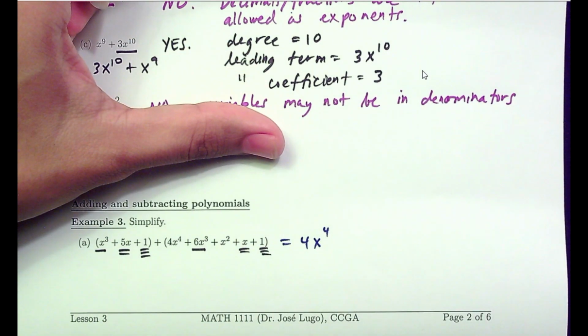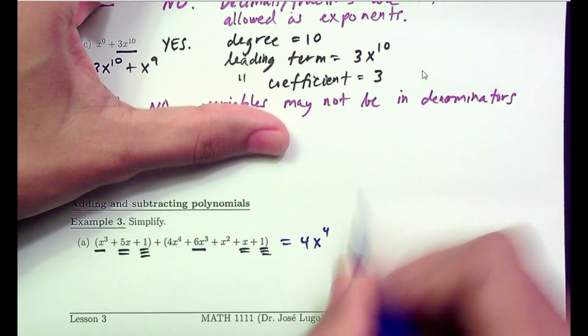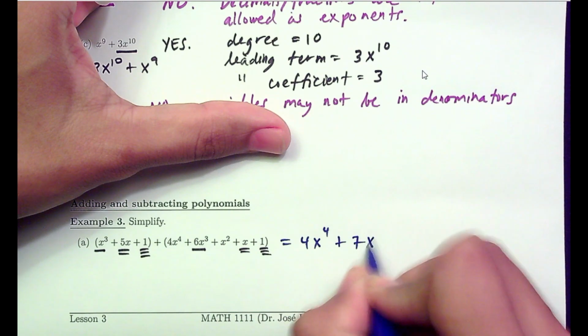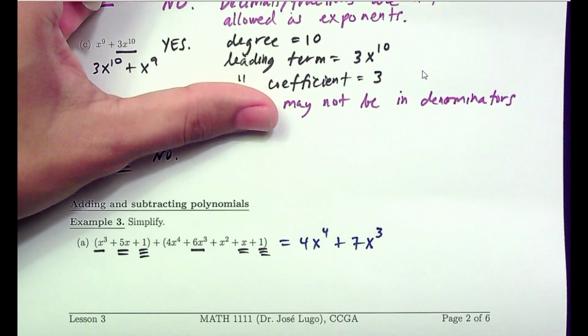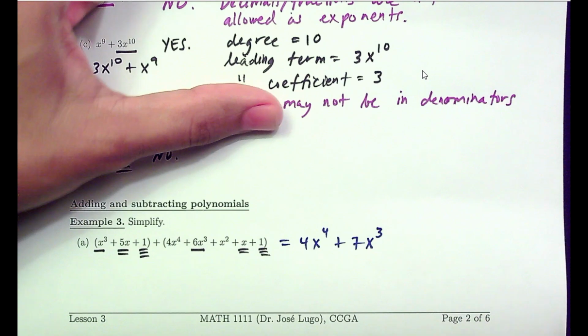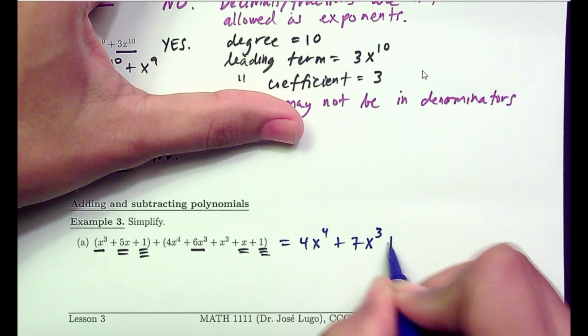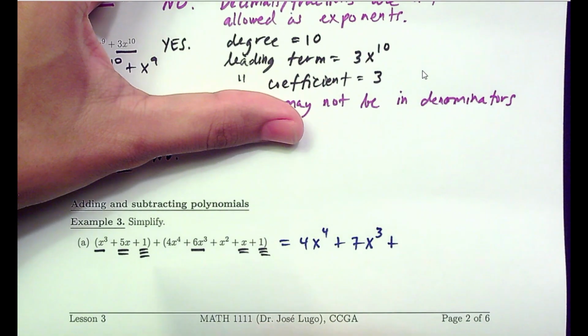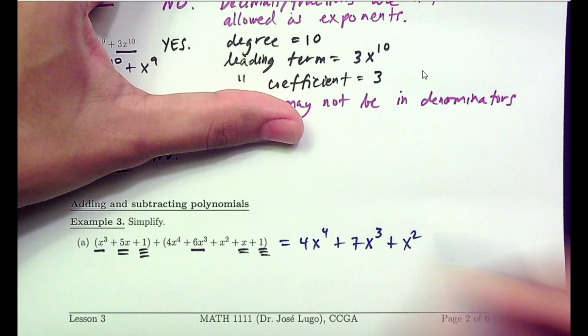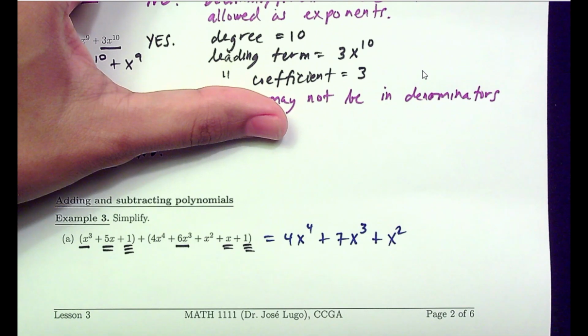The cubic terms are that one and that one. So you have x cubed and 6x cubed, which is 7x cubed. You add the coefficients in the front, leave the exponent the same. Now the next term would be x squared. There's only that one, nothing to combine, so just x squared. Then the linear terms.